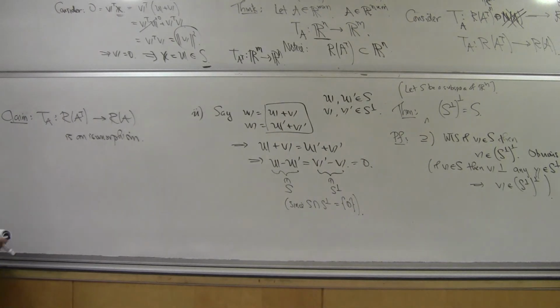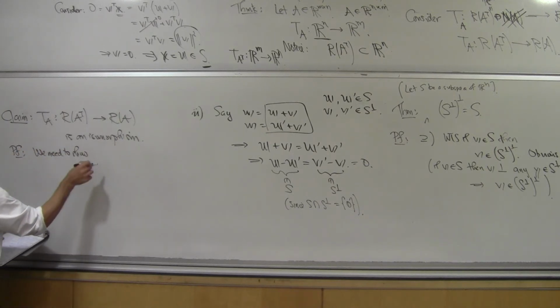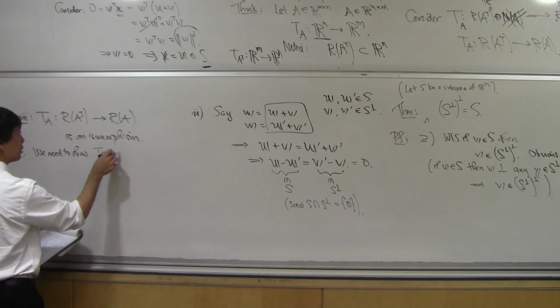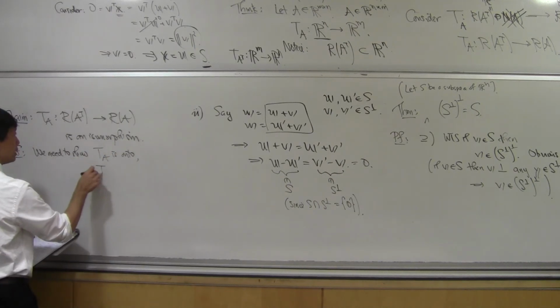Okay. So we need to show two things. We need to show that T sub A is onto, and that T sub A is 1-to-1.